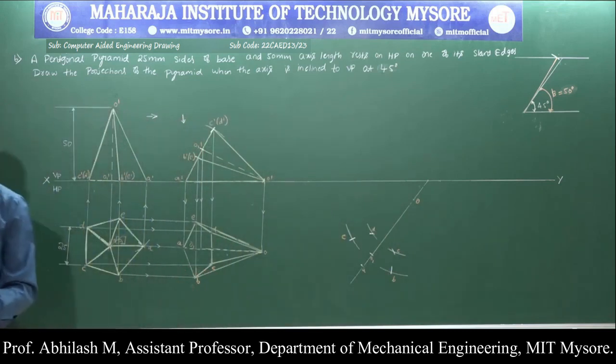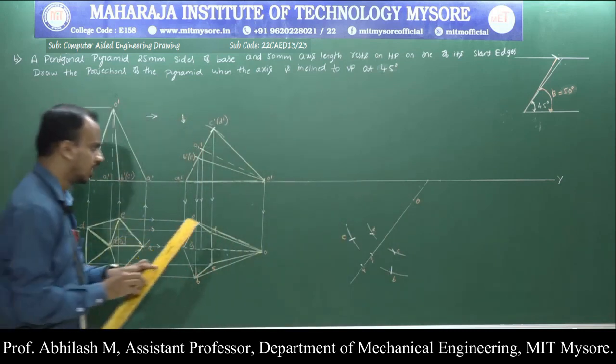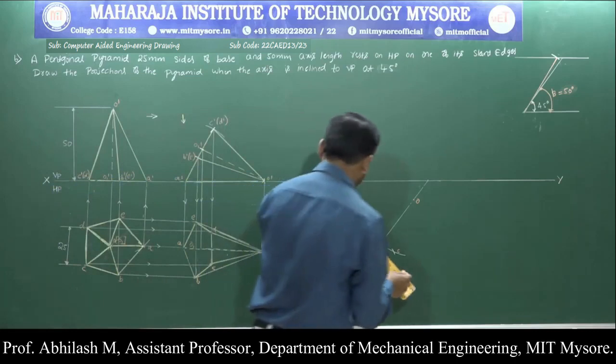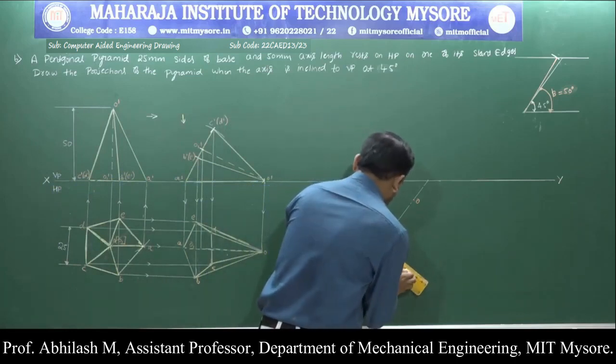So let us complete the process. Let us join the points. We know that D to C is a thick line.